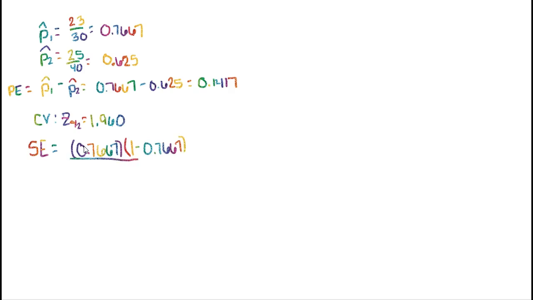This is going to be divided by our N1, which we said was 30, plus, now we're going to do P hat 2, so this is 0.625 times 1 minus 0.625, and we're going to divide that by 40, and then remember we're supposed to square root all of this.